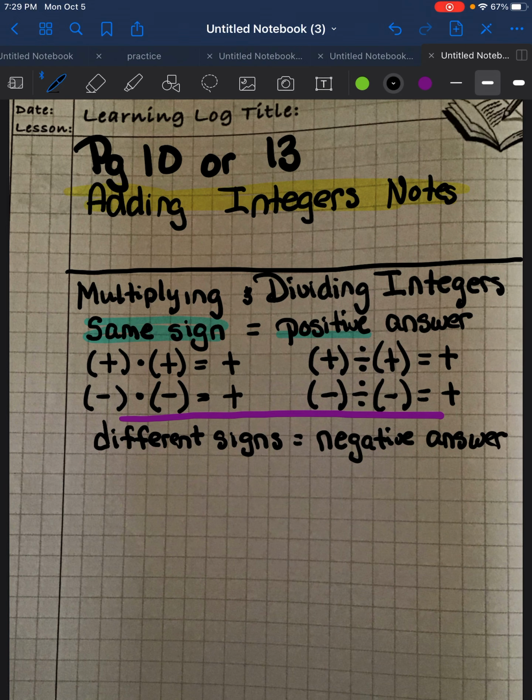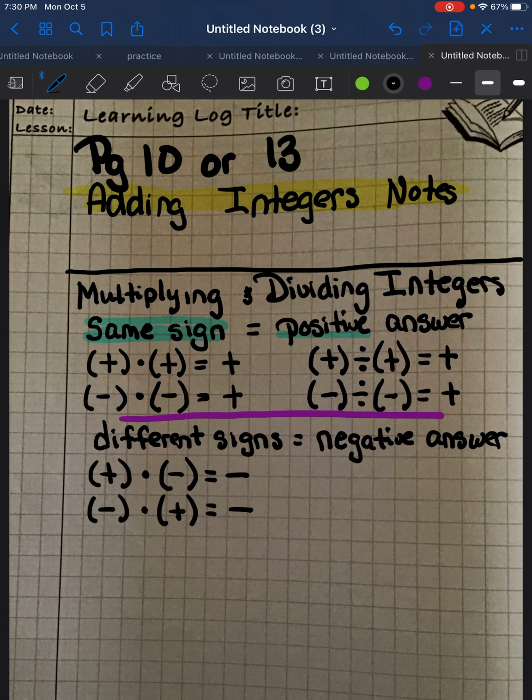So, if we have a positive times a negative, that is a negative answer, right? Signs are different, answer's got to be negative. If you have a negative times a positive, the answer is also negative because order in multiplication doesn't matter. Multiplication is commutative, so you could switch those numbers, and the result would be the same.